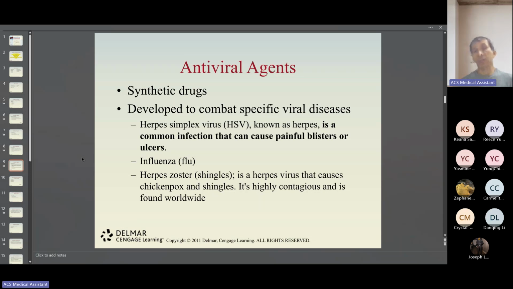Remember, it's the liquid within these blisters that contains the virus. So if you have any direct contact with the person, you're definitely going to get it. So you have to be very careful when someone is having these blisters and you get in contact with them. So that's basically what it is.